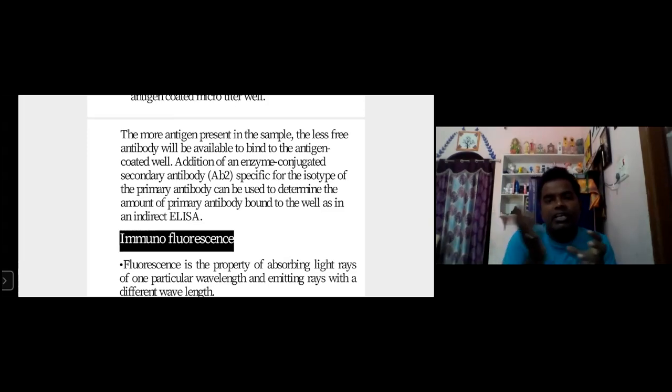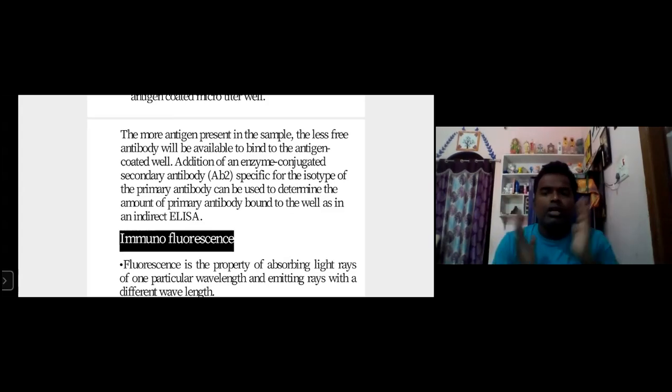Addition of enzyme conjugated secondary antibody specific for the isotype of the primary antibody can be used to determine the amount of primary antibody bound to the well, as in the indirect ELISA. Simply, it is similar to the indirect ELISA method.